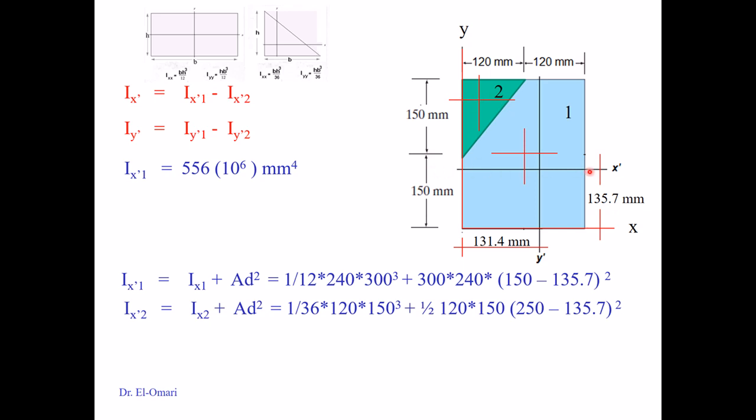So in that case, I can just subtract the distance and also use this reference axis. It's the same area, half 150 times 120, and then multiply it by the difference between this 250 and the location.